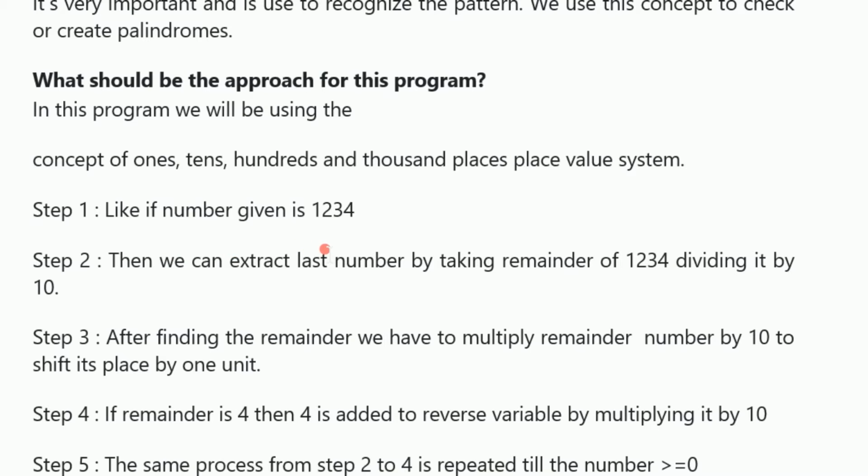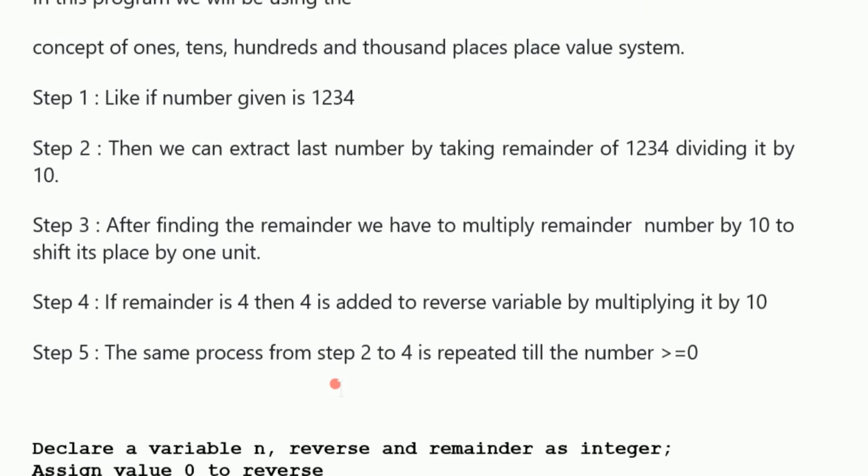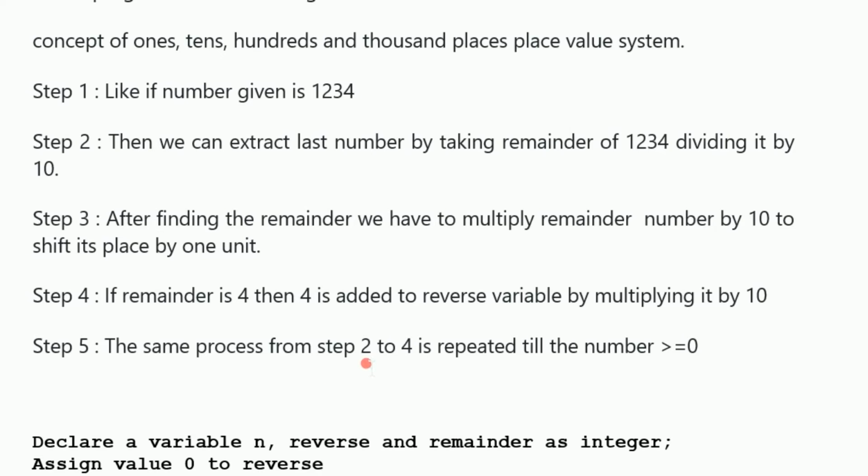So step 1: if the number given is 1 2 3 4, we can extract the last digit by taking the remainder of 1 2 3 4 divided by 10. After finding the remainder, we multiply the reverse by 10 to shift its place by 1 unit. If the remainder is 4, then 4 is added to the reverse variable after multiplying it by 10.